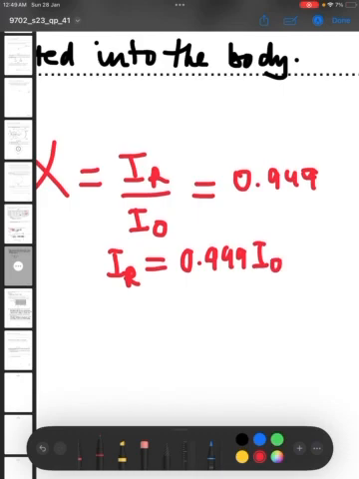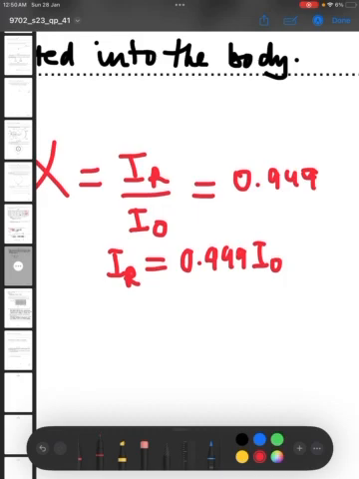So in other words, IR and I naught are not that different, because 0.999, if you round it off, becomes 1, meaning that IR will be equal to I naught. So the reflected intensity is almost equal, considering 0.999, to the incident intensity if there is an air tissue boundary.